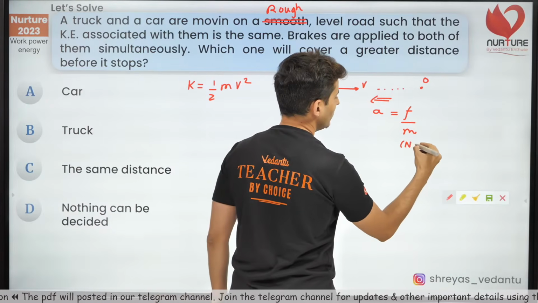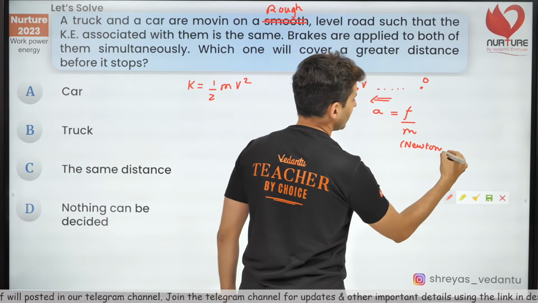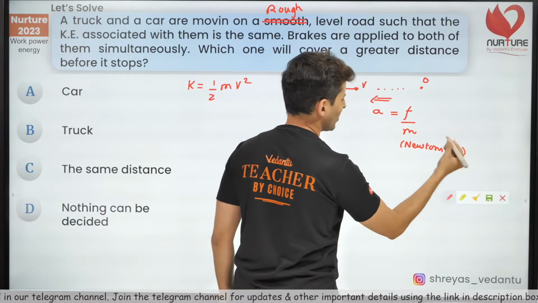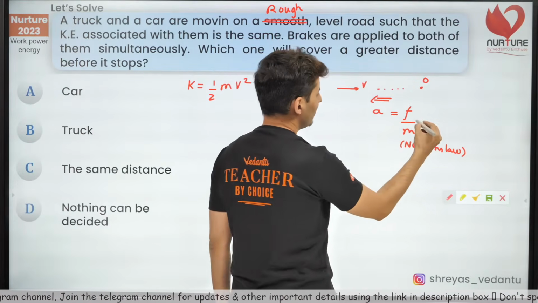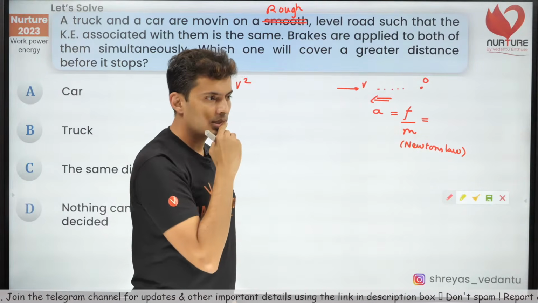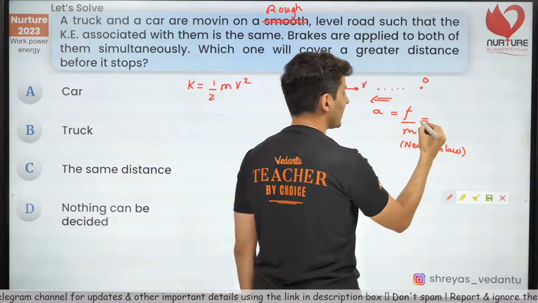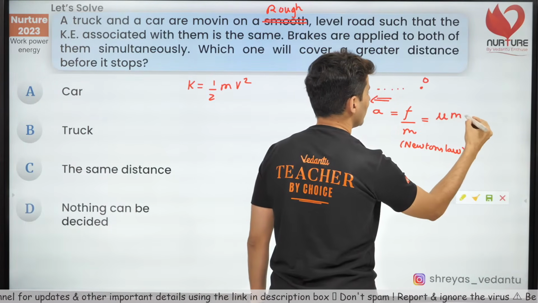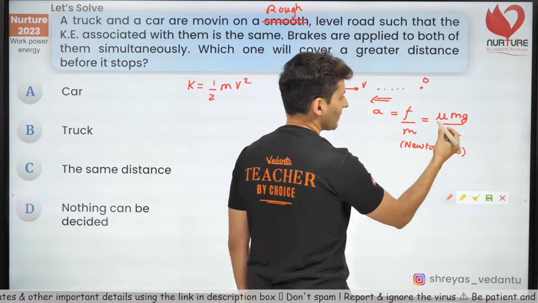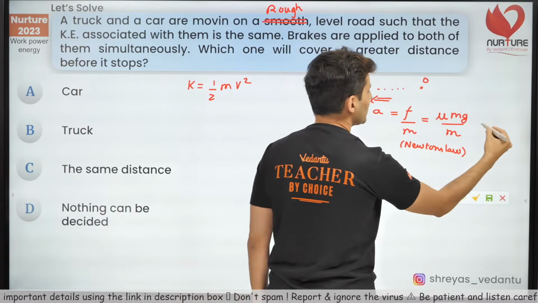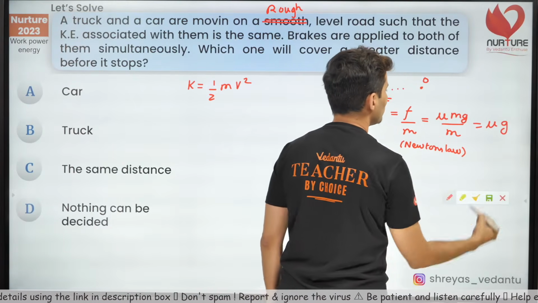This is using Newton's law: acceleration is force by mass because F is ma. That force is friction, and that friction will be mu mg divided by m. Mu is the coefficient. So acceleration is just mu g.